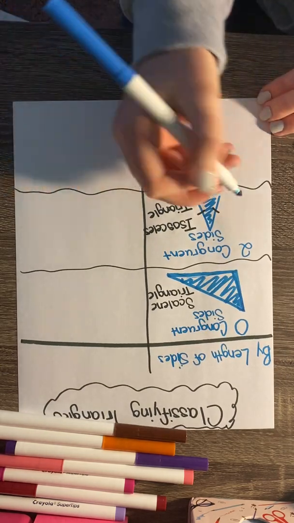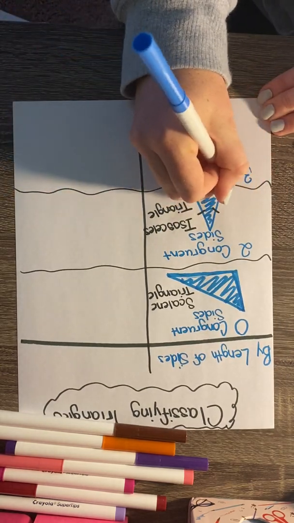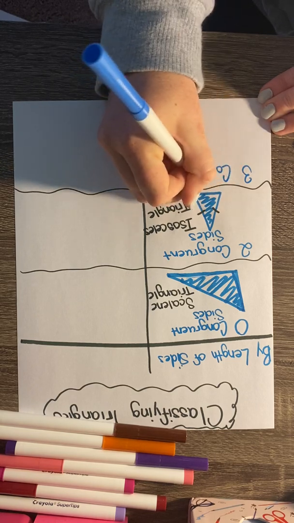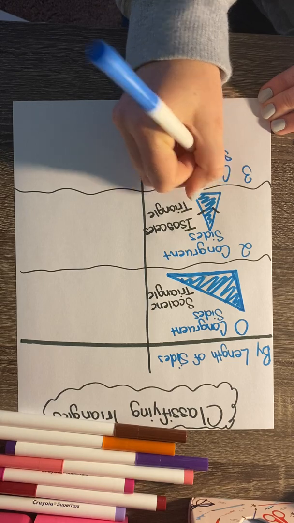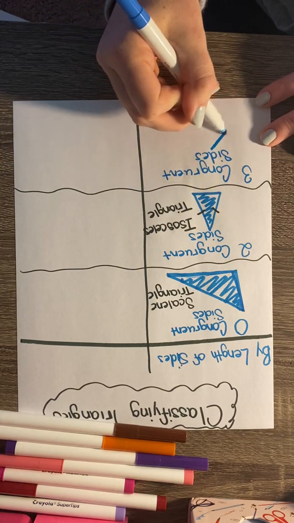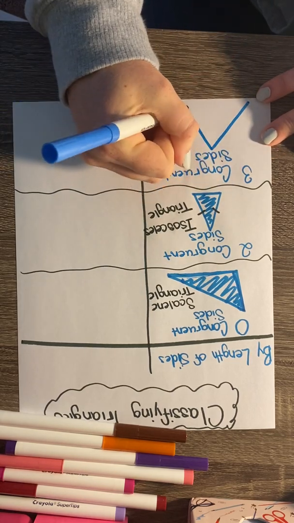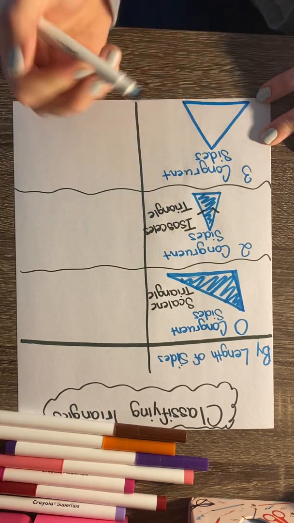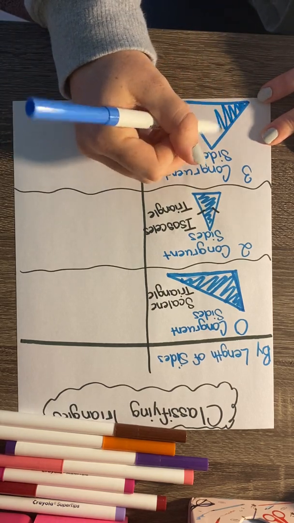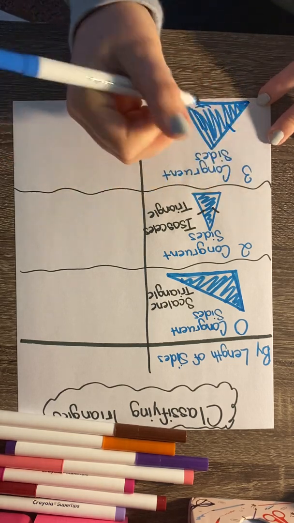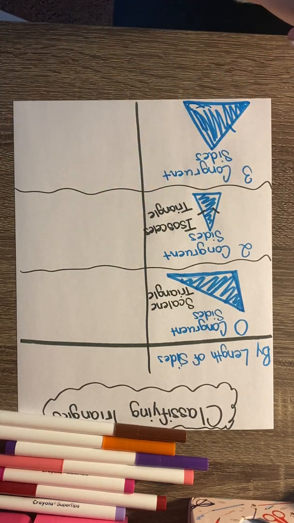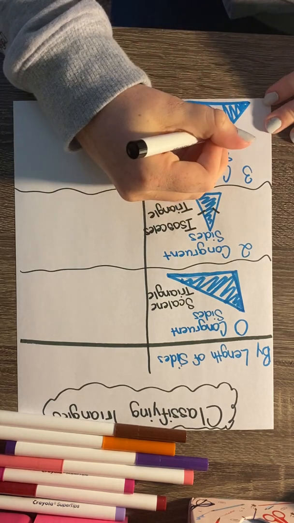All right, next we're going to go on to three congruent sides. So this one we're going to draw a much kind of wider triangle, color it in. Now for this one, just imagine it doesn't look that way, but because Miss Jones kind of isn't very good at drawing right now.